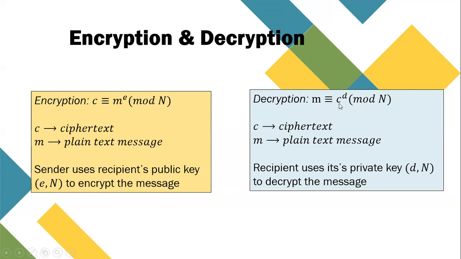The receiver will use ASCII or Unicode or whatever scheme was used, and will get the plain text message back. So basically, the recipient uses its private key (D, N) to decrypt the message.